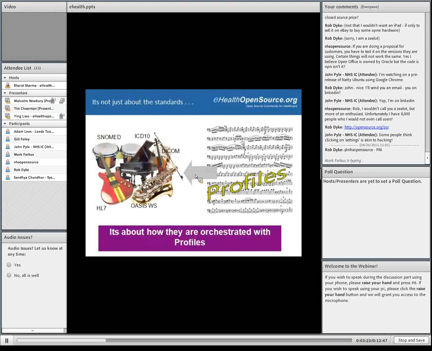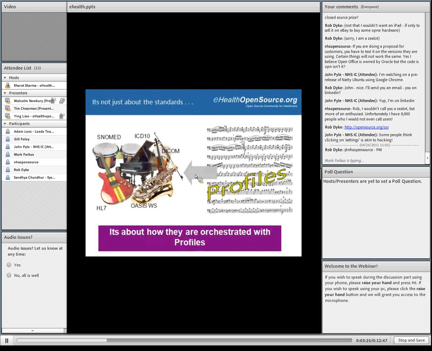So profiles, what are they? Well, they're a bit like, using the music analogy, if a standard is equivalent to a single instrument, and a bunch of instruments can clearly be used to create some music, then what's missing really in the standards world are the music sheets, or we call them profiles.